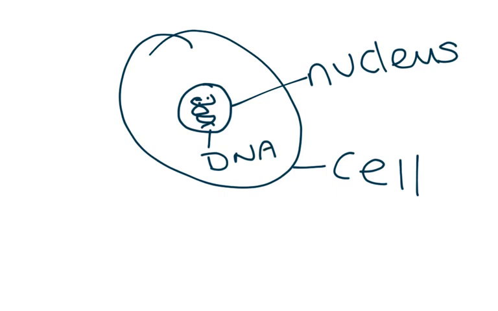And then outside, in this little bit here, we have the cytoplasm. And that holds all the organelles in place so they don't get damaged. So the DNA is kept nice and safe inside the nucleus of the cell, so it can't get out.